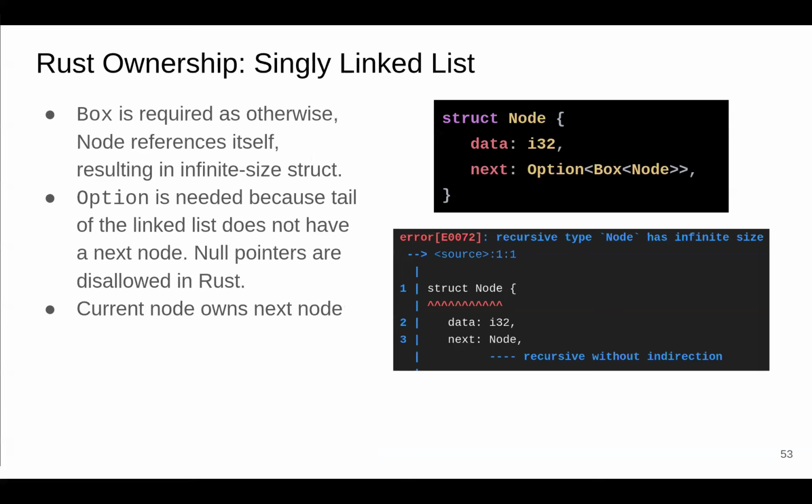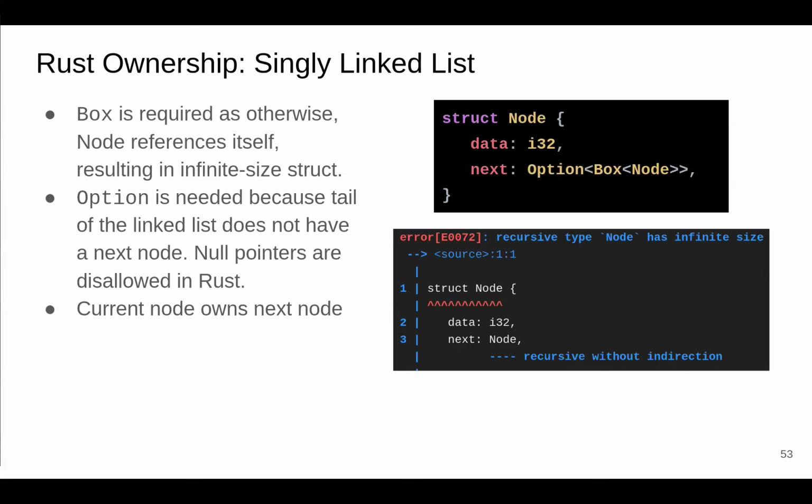So implementing a linked list works as follows. One of the many different implementations that can be discussed at length is the following one: struct node, data is of type i32, as in a 32-bit integer, and then next is an option that's a boxed node, right? So we need to wrap the next field, it is a node that is a box and an option.